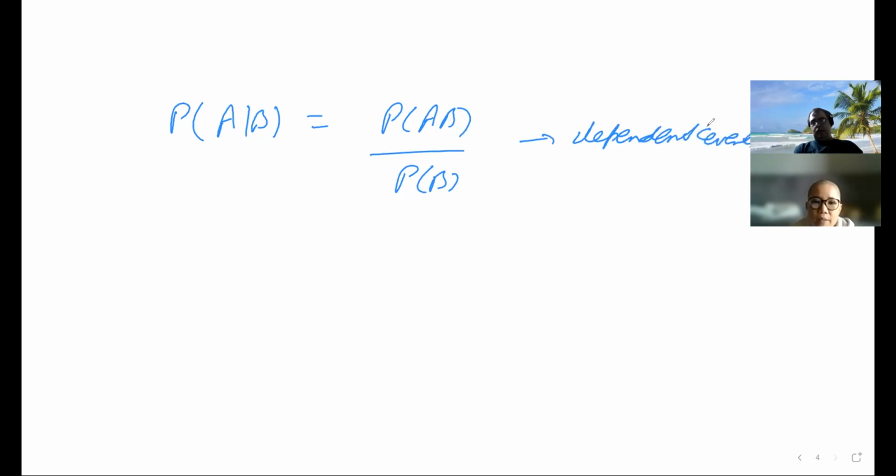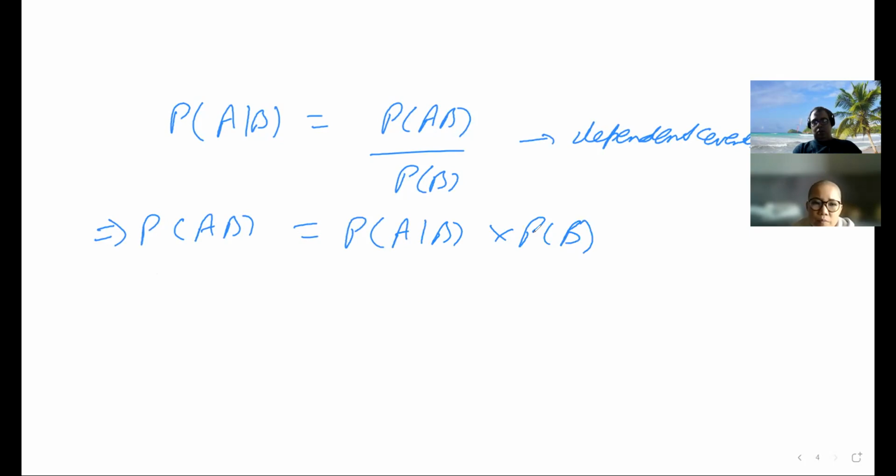So we can write it like this: PAB equals PA given B, into PB. Are you getting what I'm trying to say?